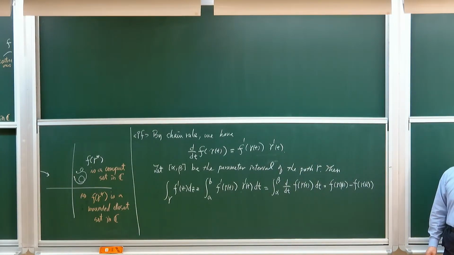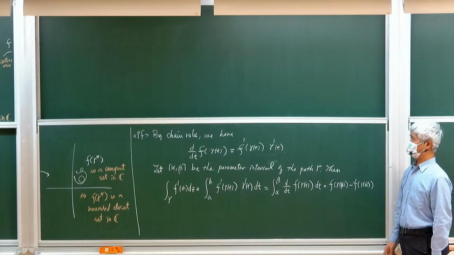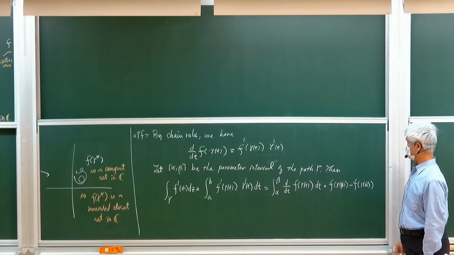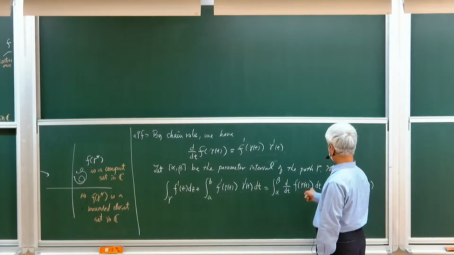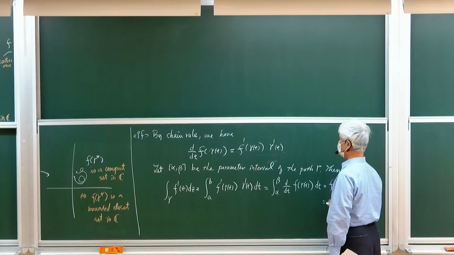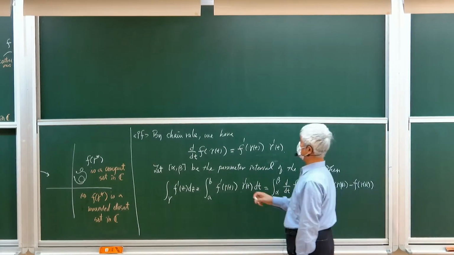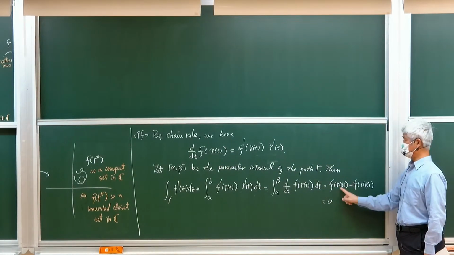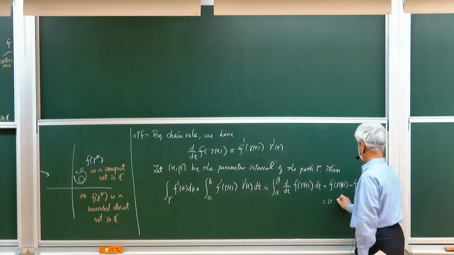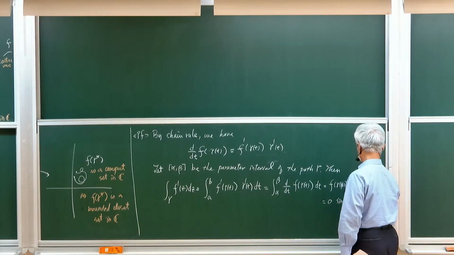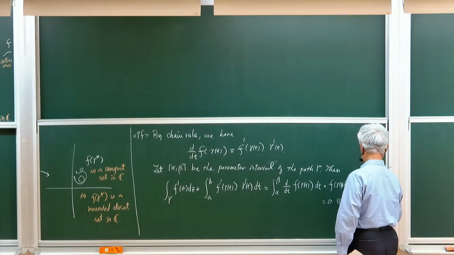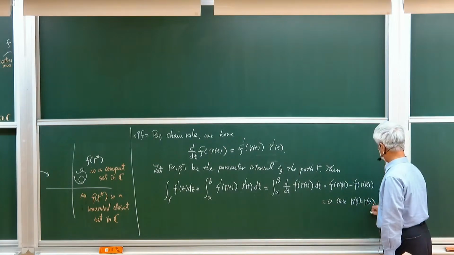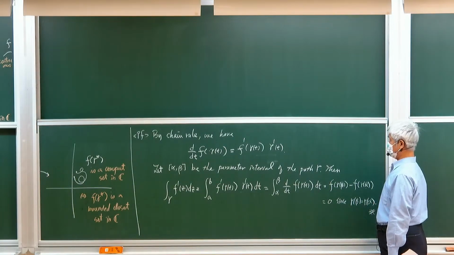I think this is the second fundamental theorem of calculus. And now this is 0. Why? Because gamma is a closed path, so the two endpoints are equal. So the proof is easy.